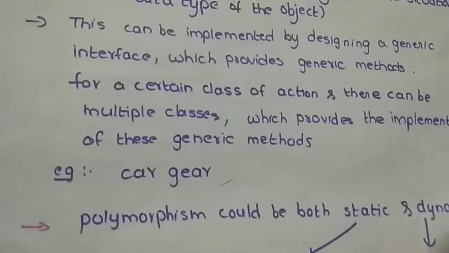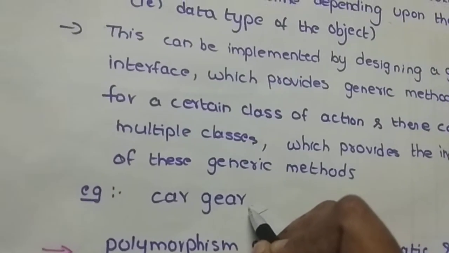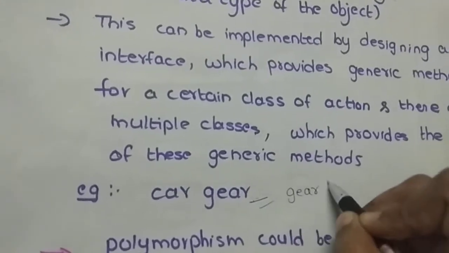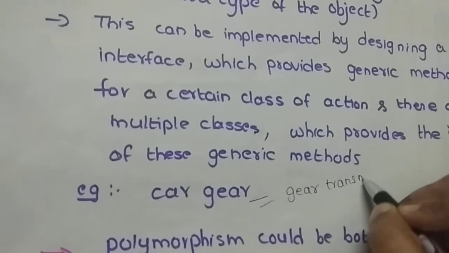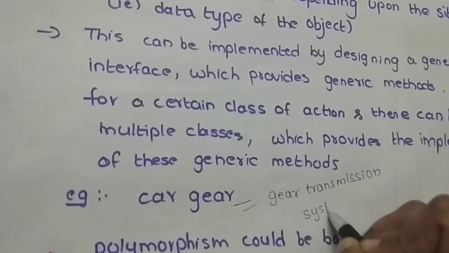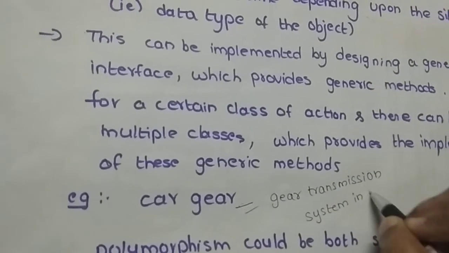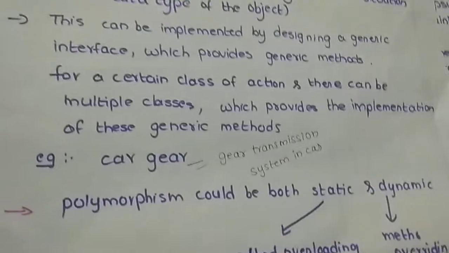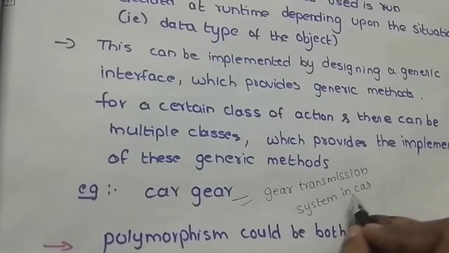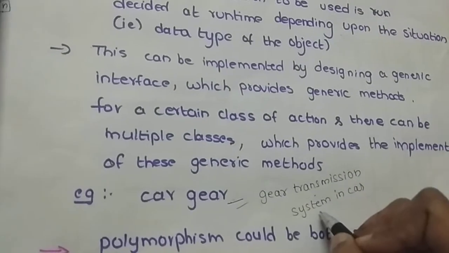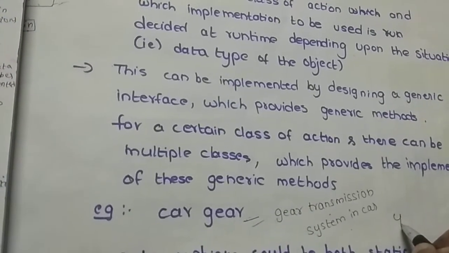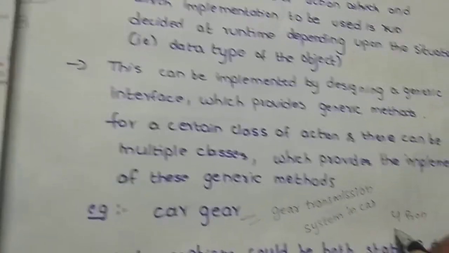For example, if you take the gear transmission system in a car, a car has a gear transmission system. A gear transmission system has four front gears and one back gear.